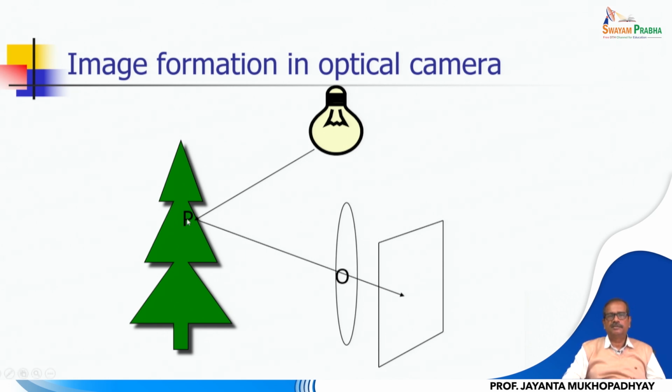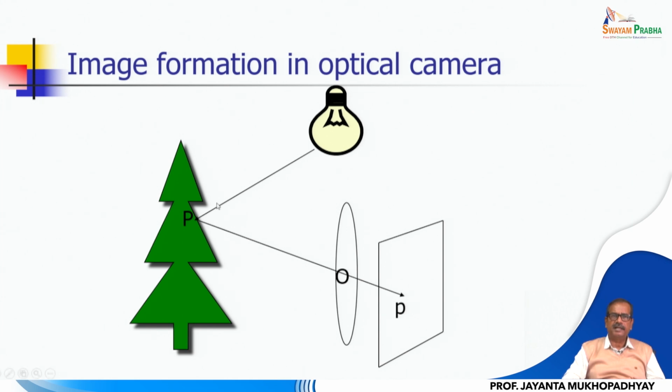You draw a ray passing through the center of the lens, and where it intersects the image plane, even if you extend it, at that point you get the image of the object point. We call this point small p. So small p is the image of the object point P. This is the image formation rule.